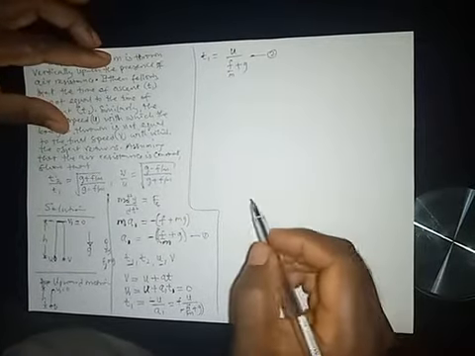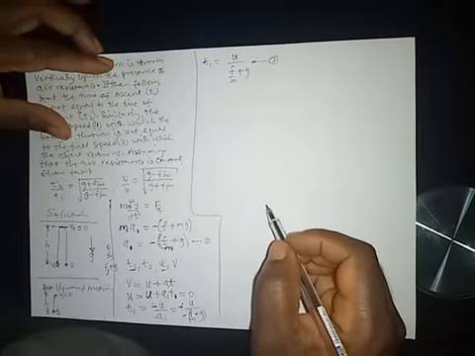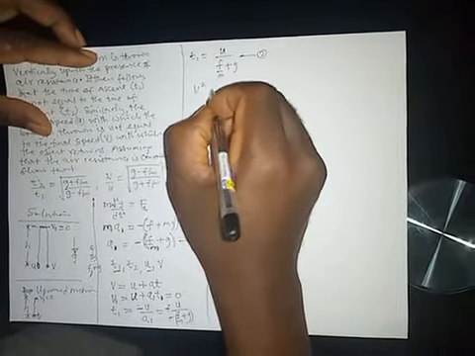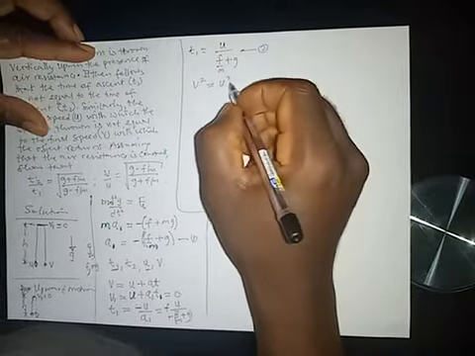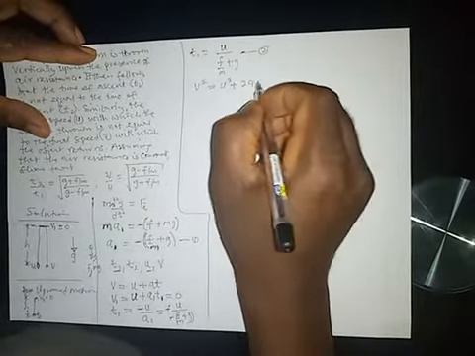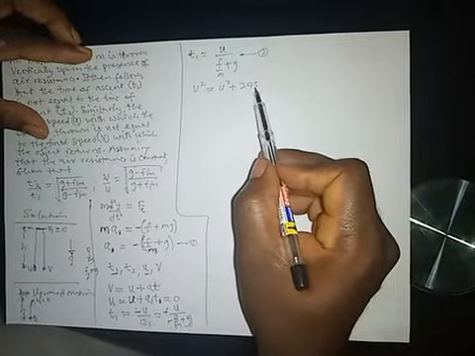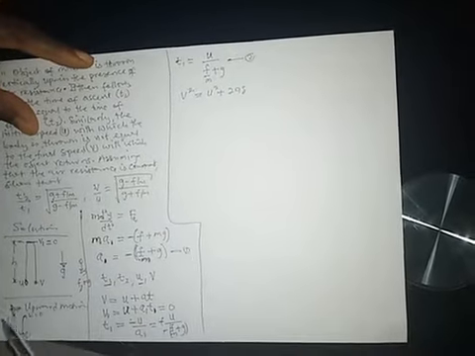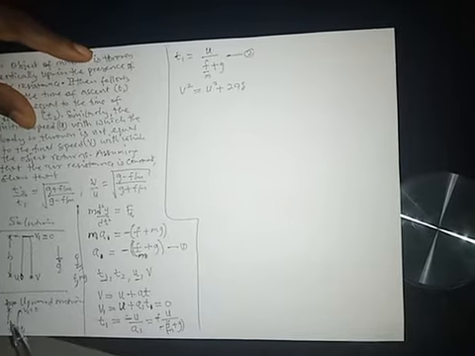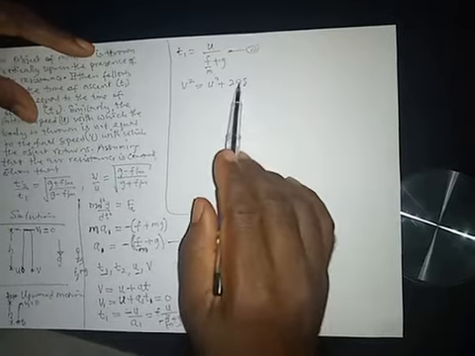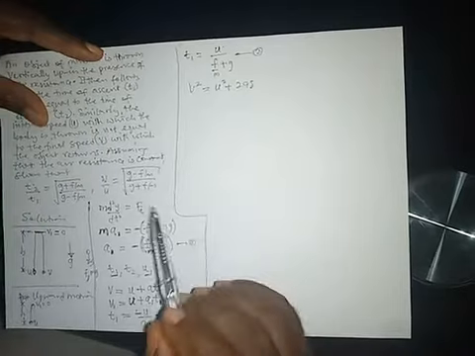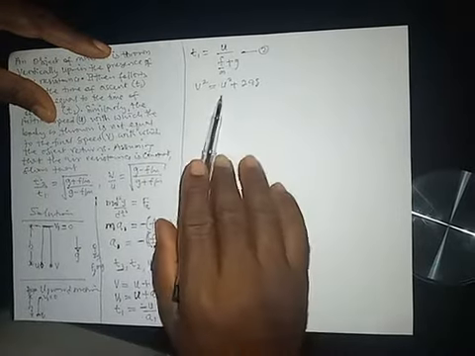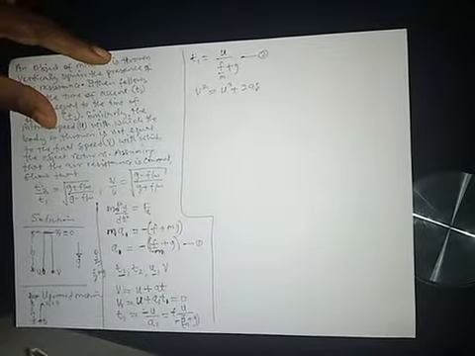And so again, using the formula v square equals u square plus 2as, where s here is the distance from the point of projection to the highest point, which is h now, and then a is what we already know, that is a1, and then u is the initial velocity.